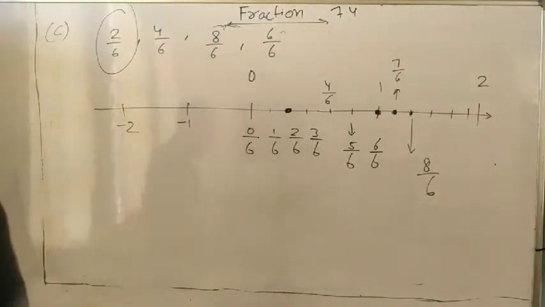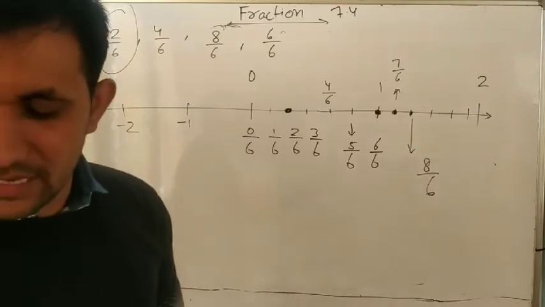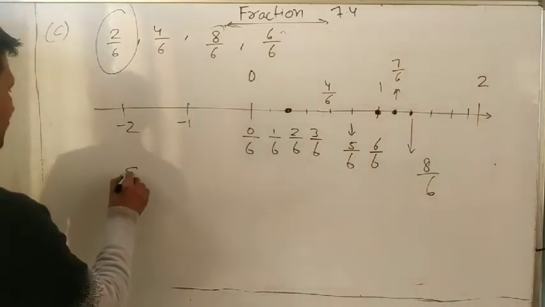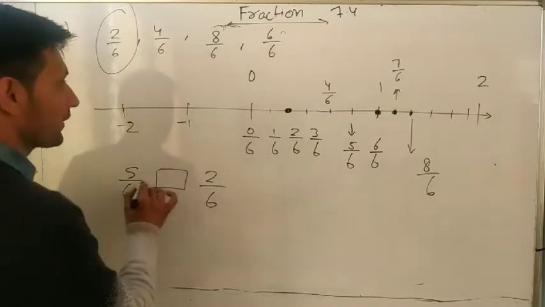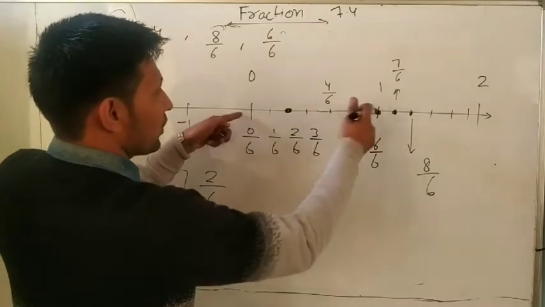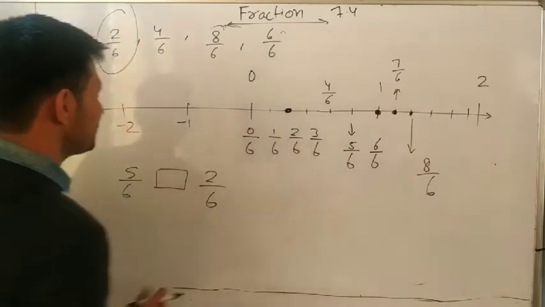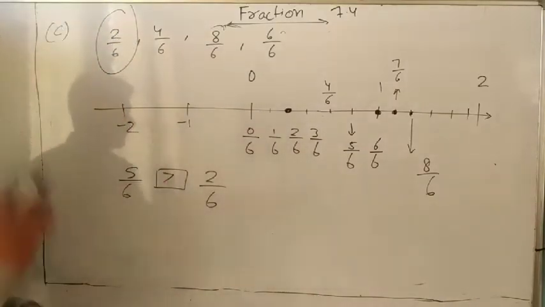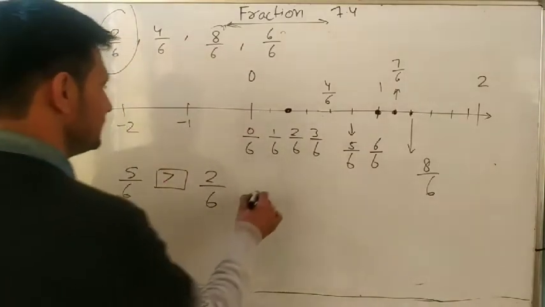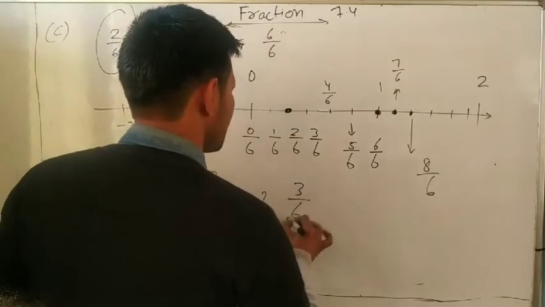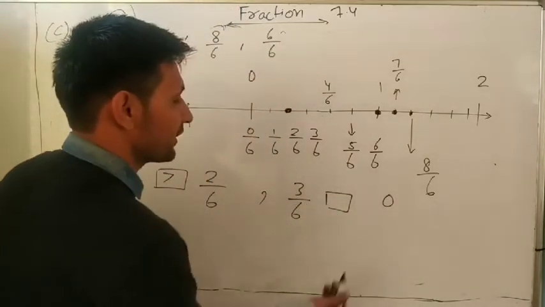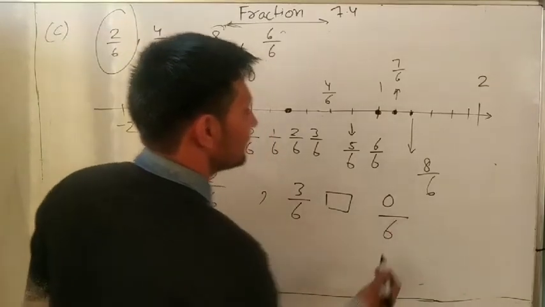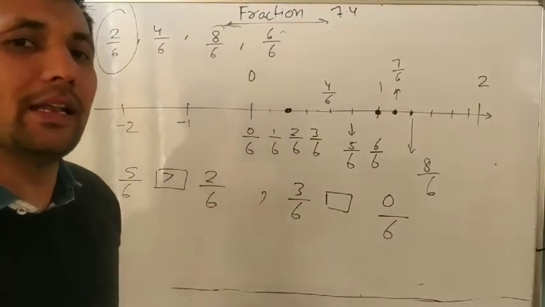Okay, next is to put the appropriate sign. So 5 by 6 and 2 by 6. Which one is greater? 5 by 6 goes from here to here, and 2 by 6 is only this much. So this one is greater, 5 by 6. Next is 3 upon 6 and 0. Which one is greater? 0 means 0 upon 6. 0 divided by any number is 0.